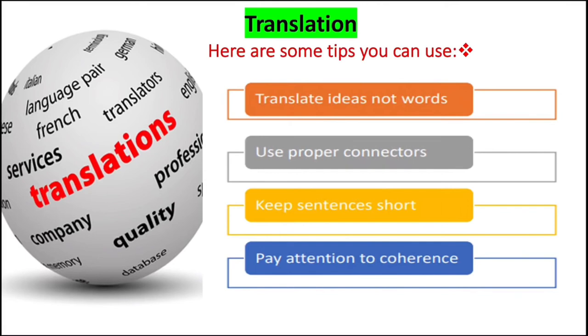And number three, I noticed some students would write longer sentences. You need to keep sentences short, all right? Just exact and to the point. And finally, pay attention to coherence, all right, of your final product.